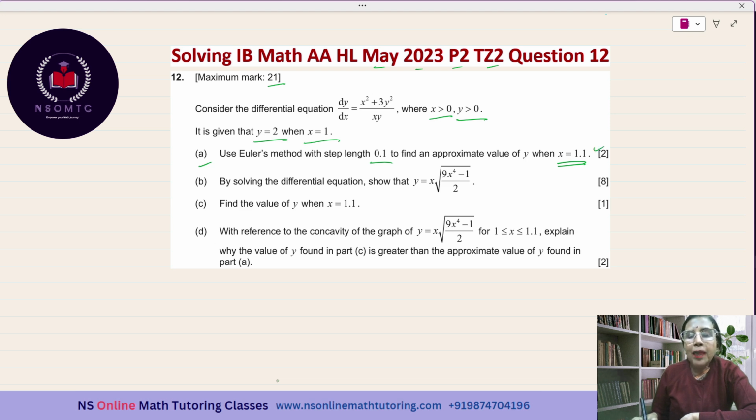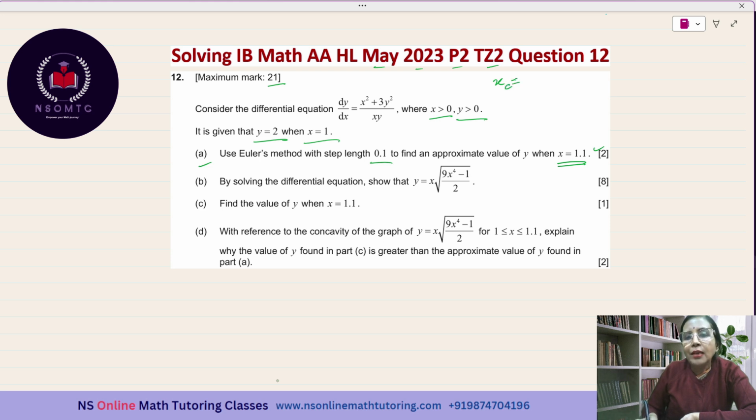And you will be having the two formulas that you require for using Euler's method in your formula booklet. But what I write is, for the case of x, in the formula booklet it is written xn plus 1. I will be writing xc. You can write xn plus 1, no harm.